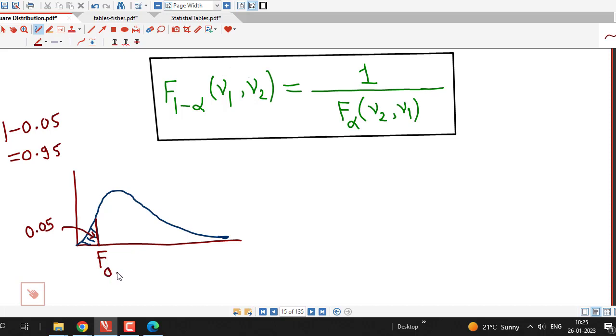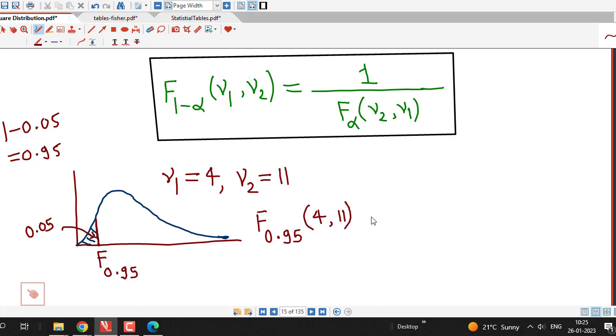So this point will be denoted by f suffix 0.95, and suppose the numerator degrees of freedom are 4 and the denominator degrees of freedom are, say, 11, and we are interested in this critical value f suffix 0.95 with 4 and 11 degrees of freedom in the numerator and denominator.